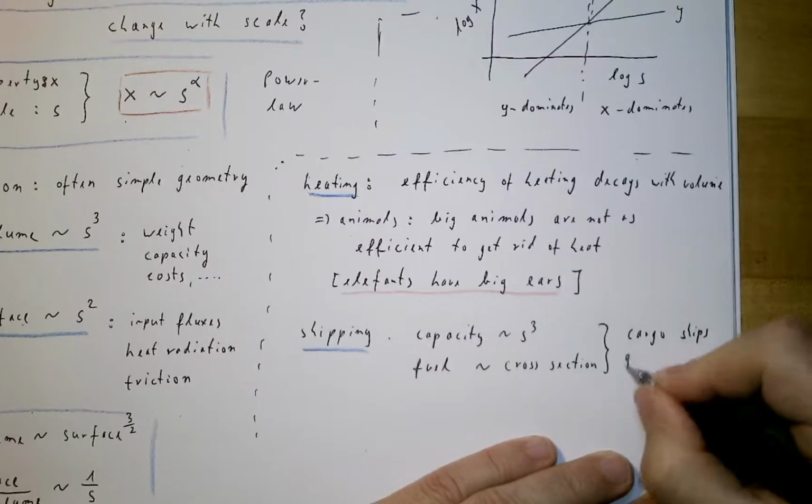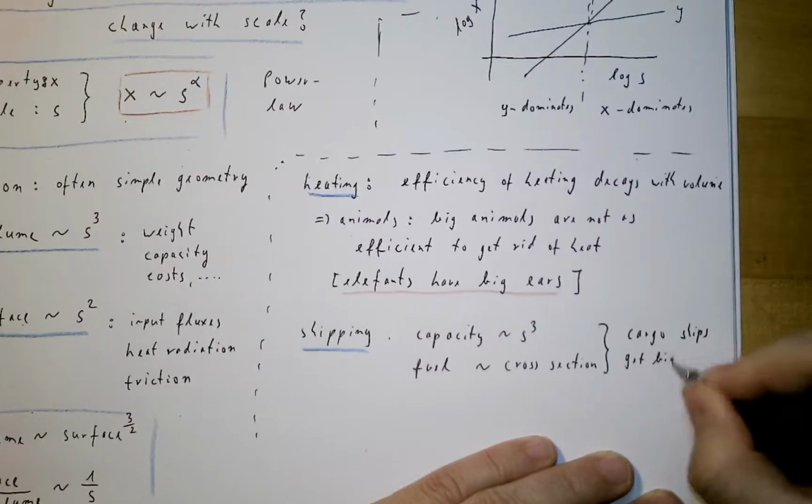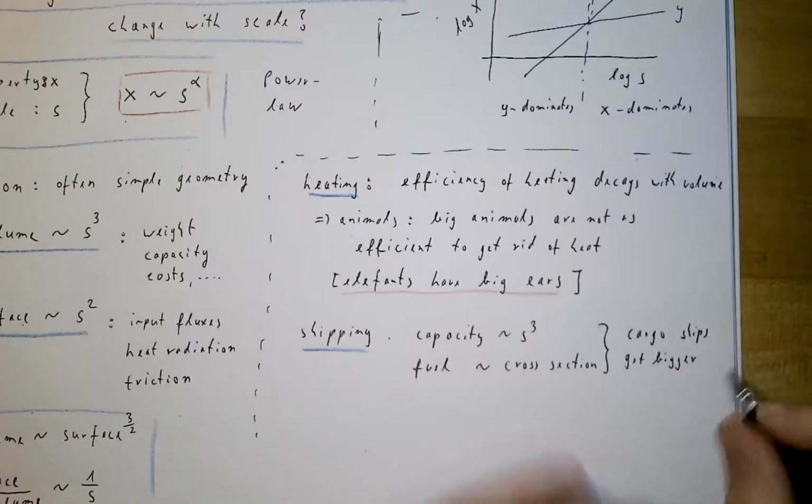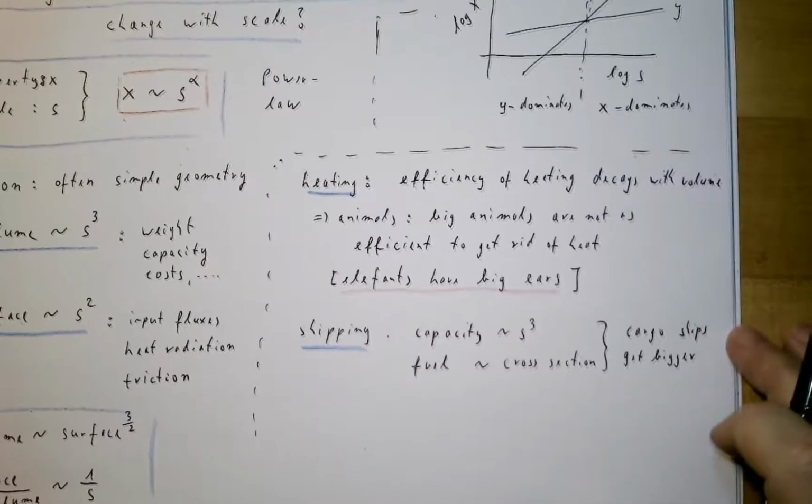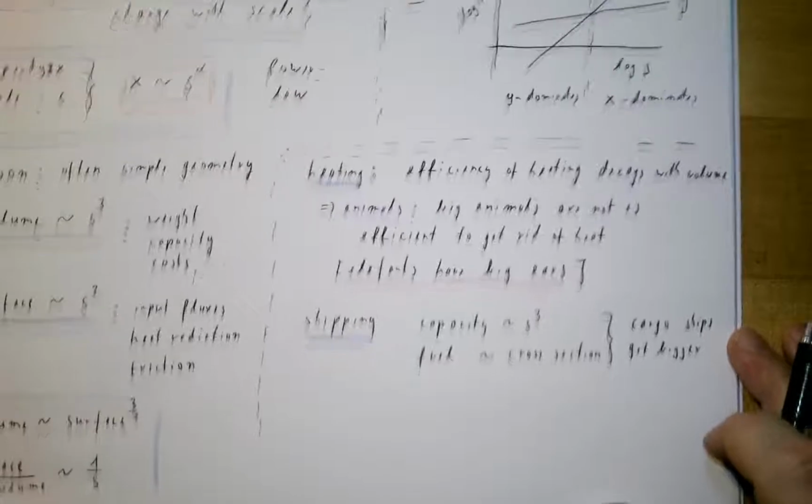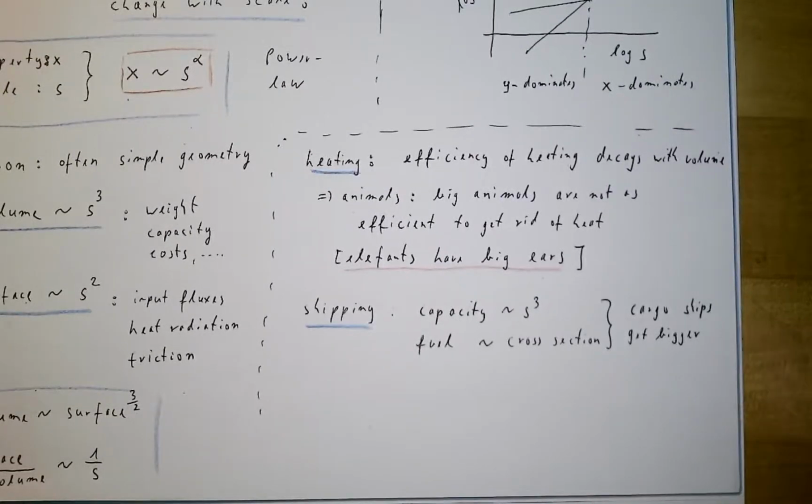Cargo ships get bigger and bigger. And this goes to real extremes, like the modern new cargo ships have incredible sizes, which need very special ports in order that the ships can even go to the ports.